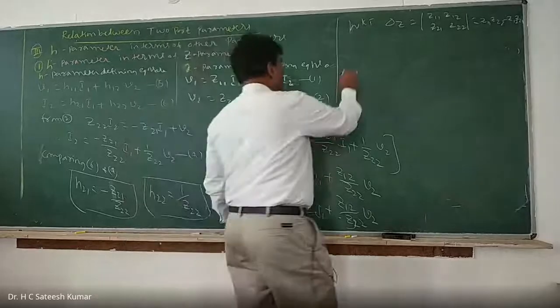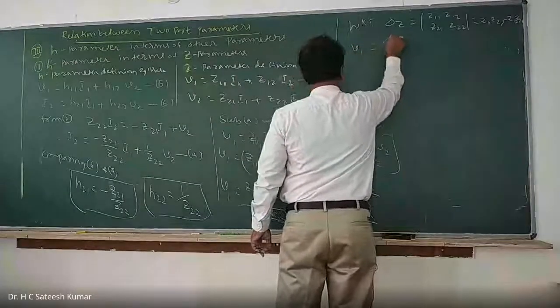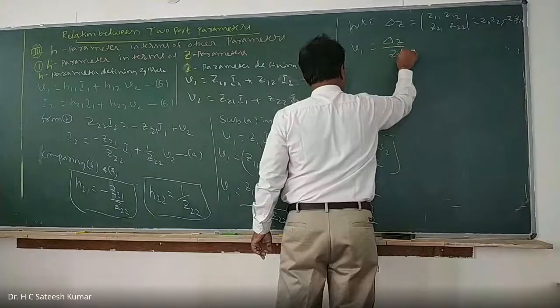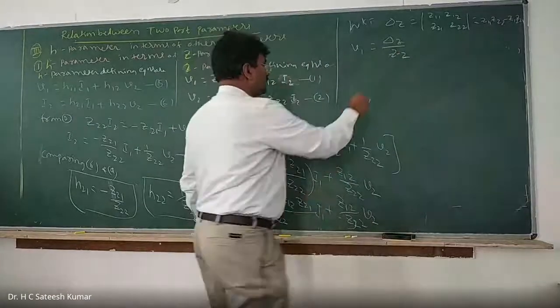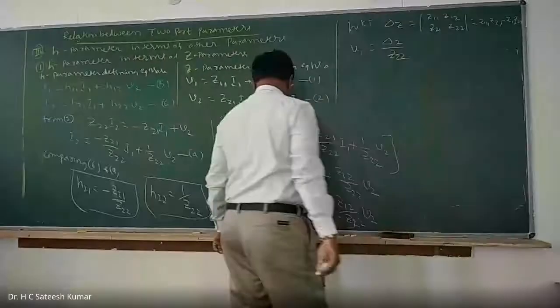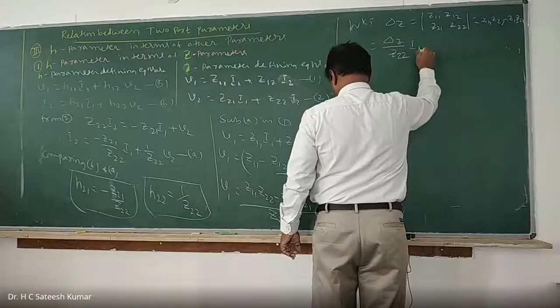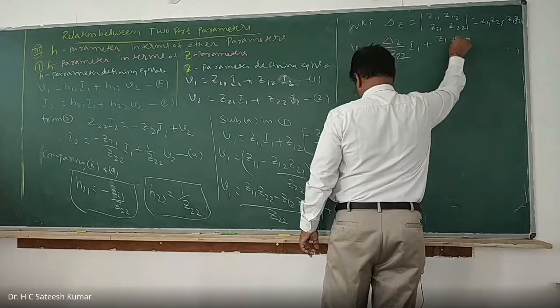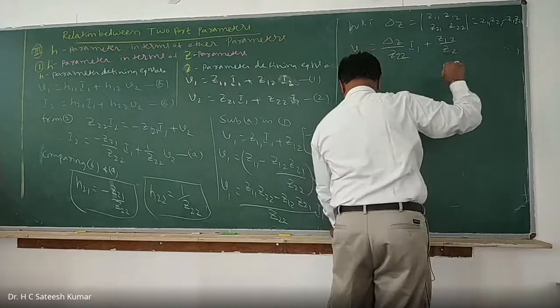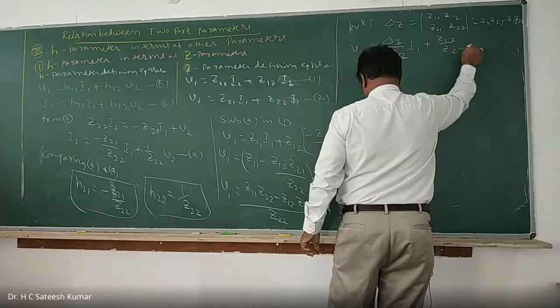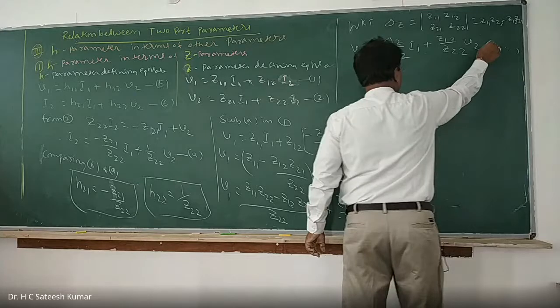Therefore, V1 is equal to delta Z divided by Z22 into I1 plus Z12 divided by Z22 into V2. Call this as equation number B.